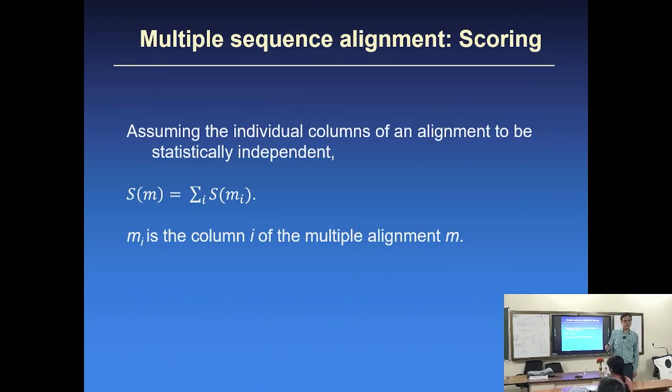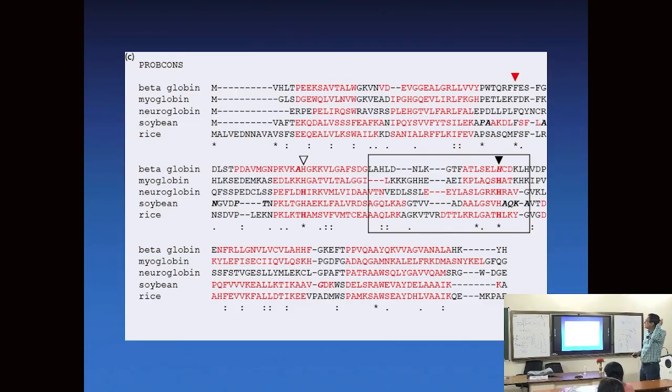You get a score for each of the columns, and then sum over all the columns, you will get the score for the alignment. Clear? So basically, if you have the multiple alignment, you compute the score for each column and then sum those up, and that would be the score for the alignment.